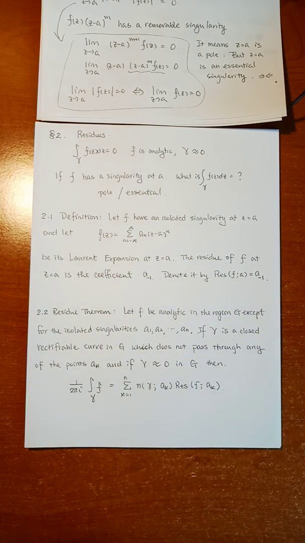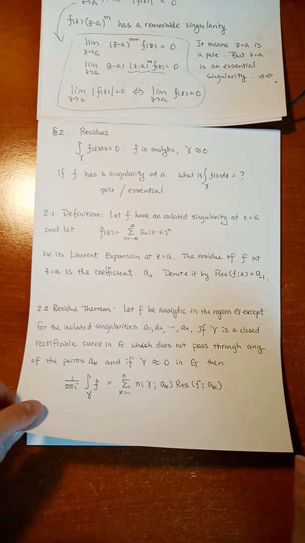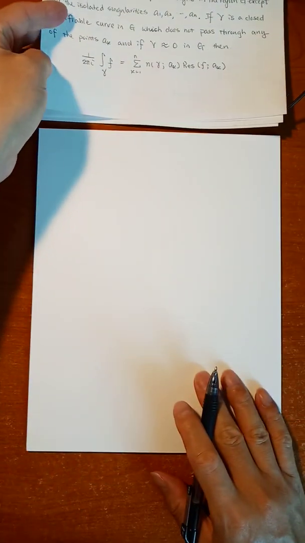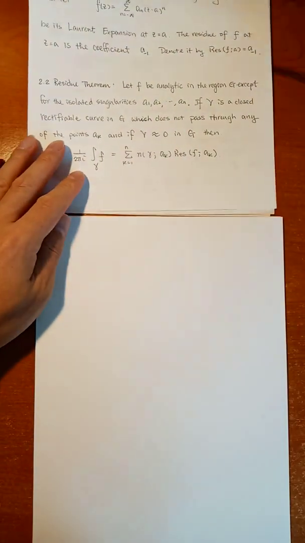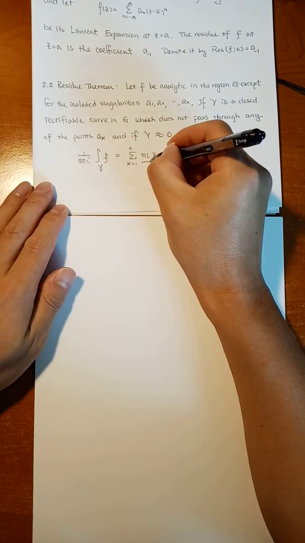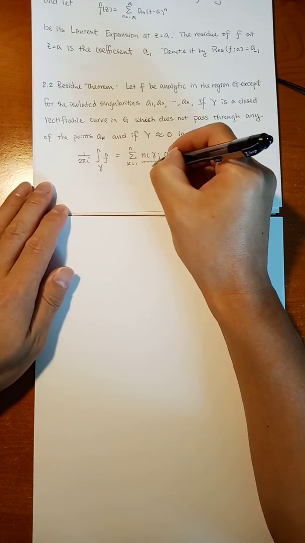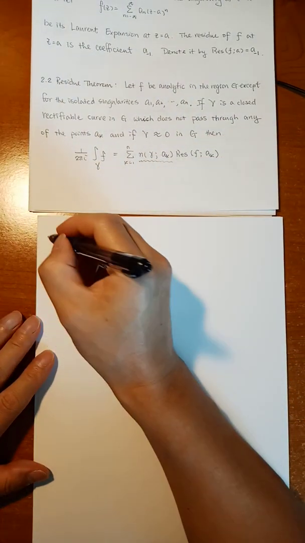Alright, let's see how we prove it. The proof is not difficult. The proof is very constructive. Let's see how we get it. We don't want to always copy the winding number of gamma with respect to a_k, so we're going to give it a name.